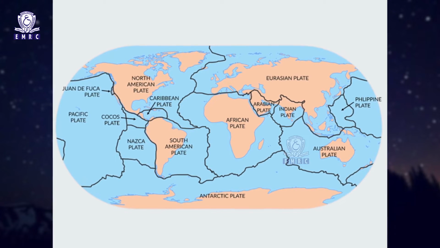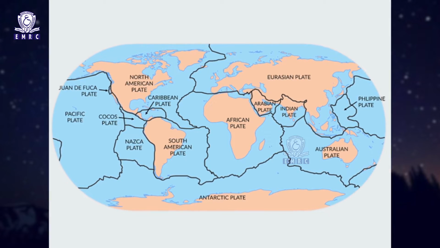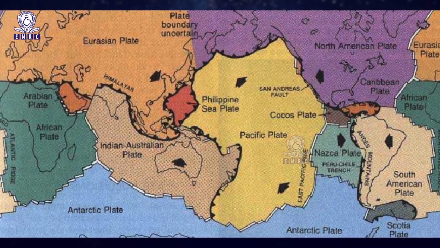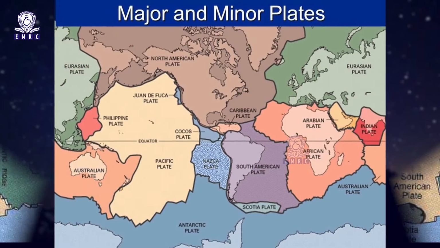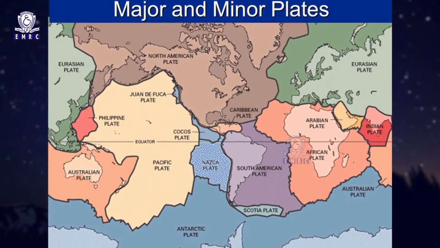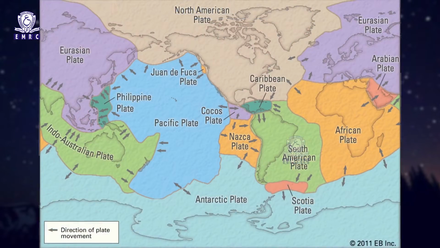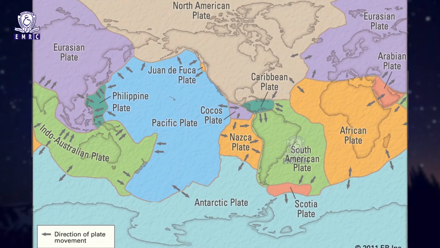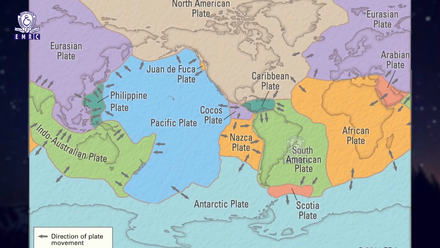The lithosphere is compartmentalized into 7 major plates and 20 minor plates. Individual plates are not permanent features. They are in constant motion and continually change in size and shape.